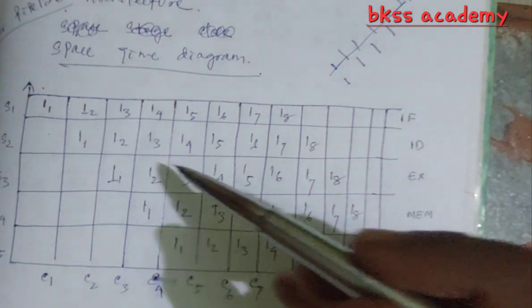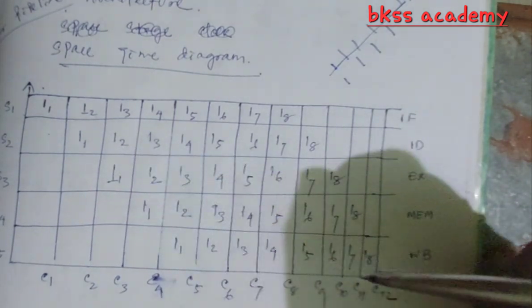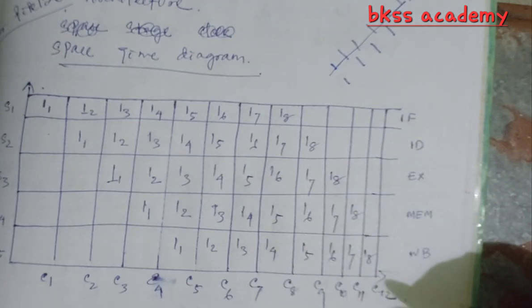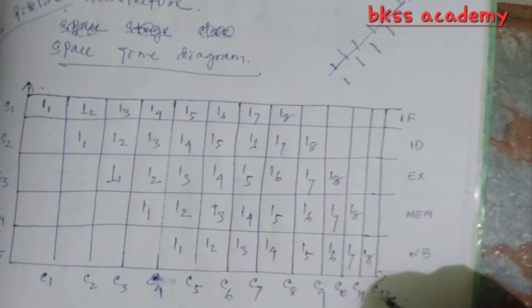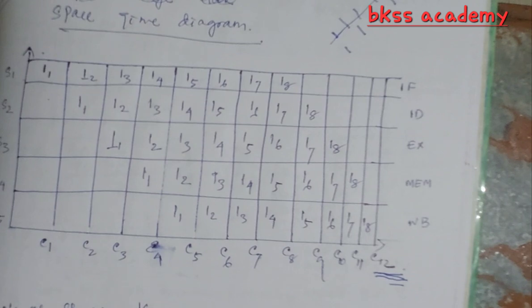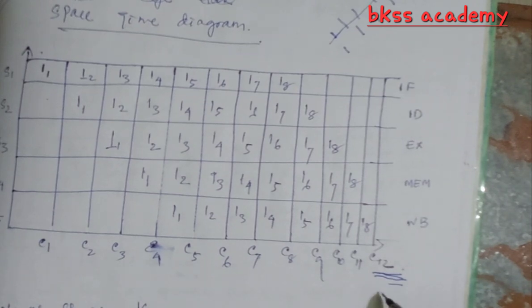So all 8 instructions will be completed with 12 clock cycles, whereas the non-pipelined CPU was taking 40 clock cycles.